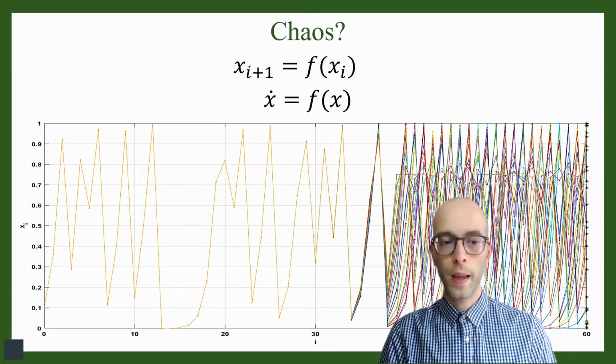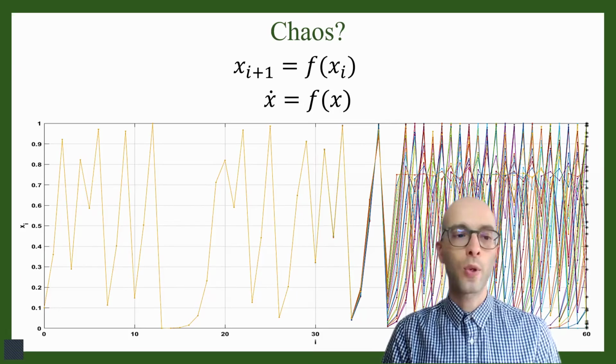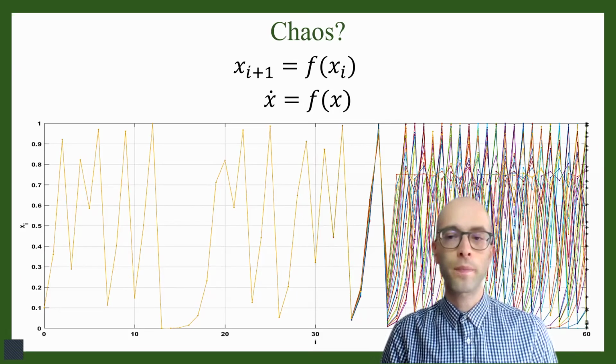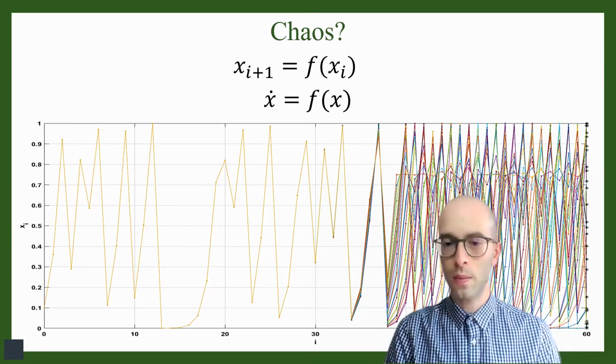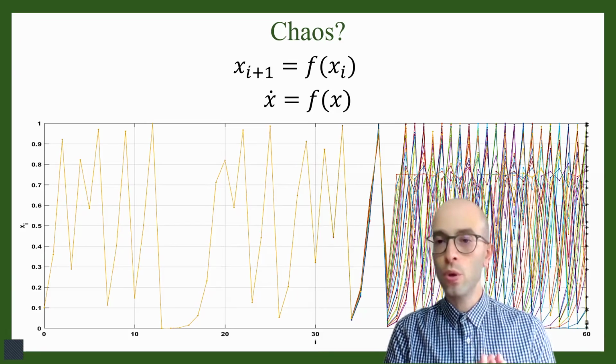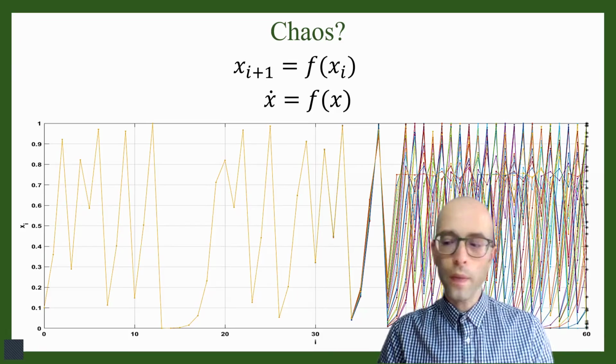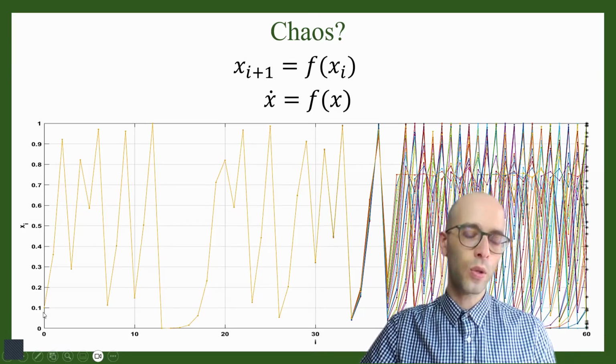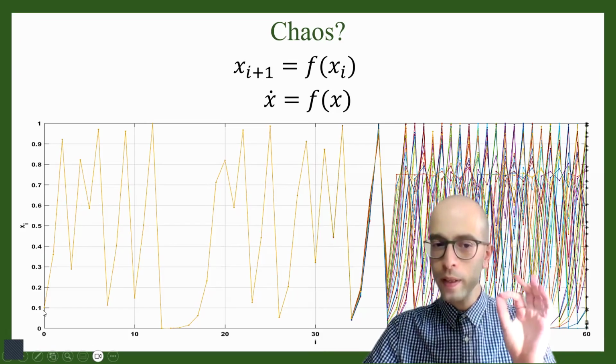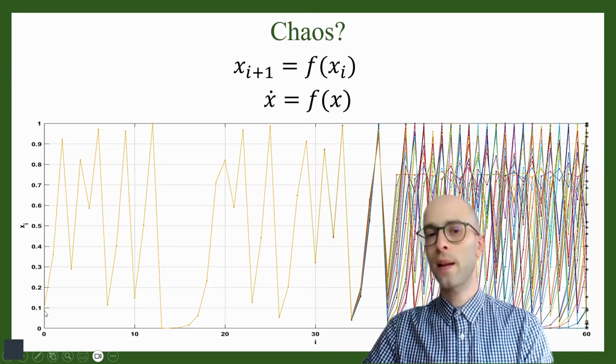In this graph, for example, I'm using a map called the logistic map, which is a discrete time system. I have plotted 50 different solutions, and all of them start very close to 0.1, but not identical.